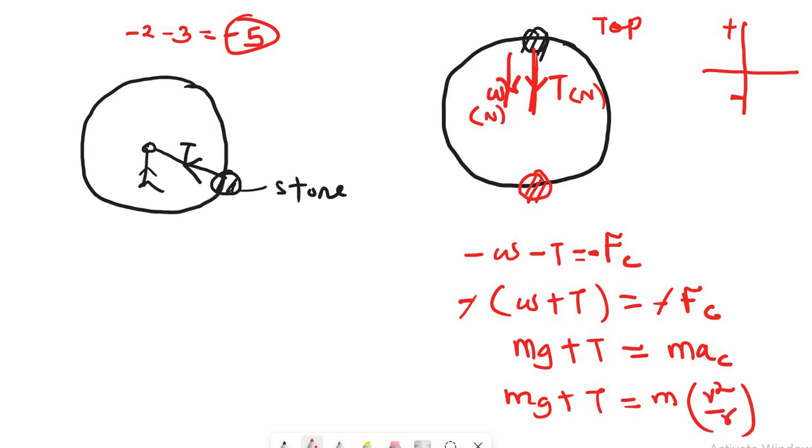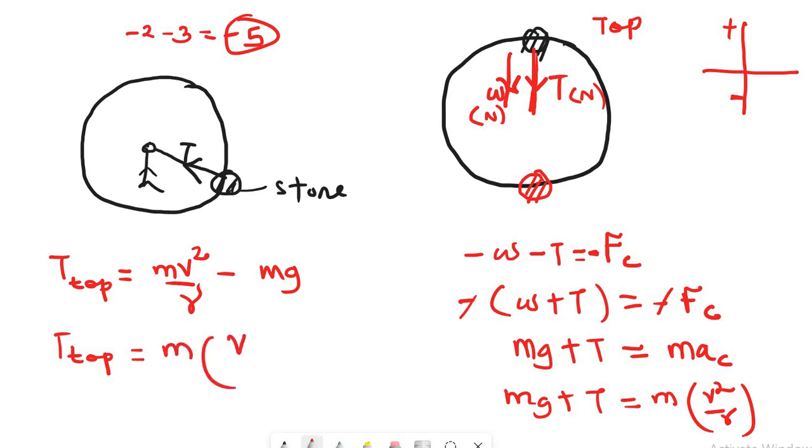So the tension at the top will be mv squared over r minus mg, which is the same thing as m into bracket v squared over r minus g. This is the tension at the top.